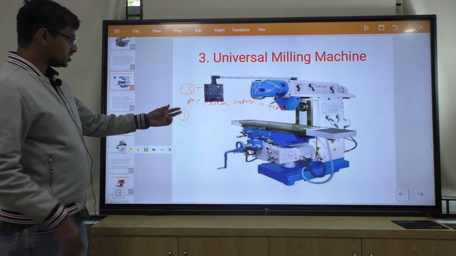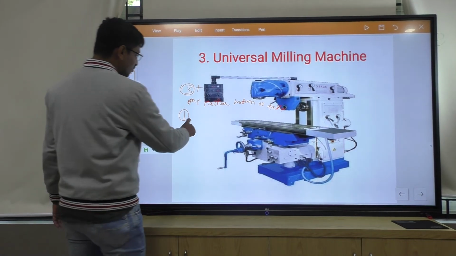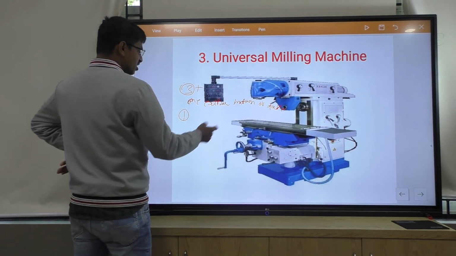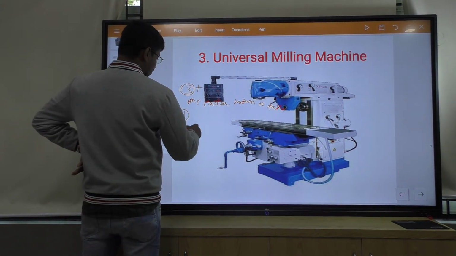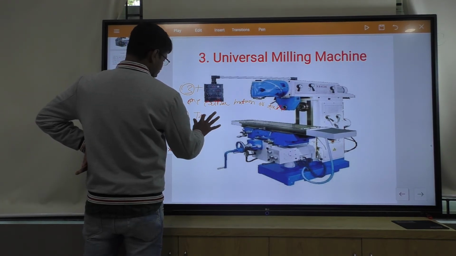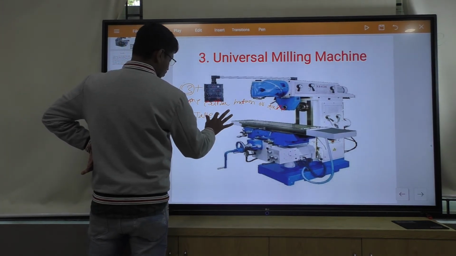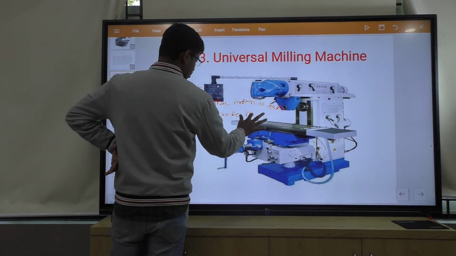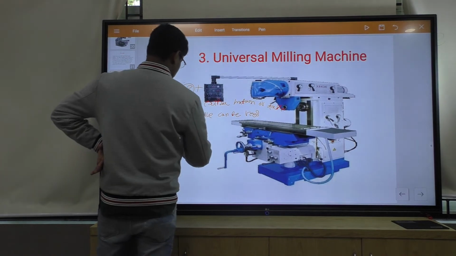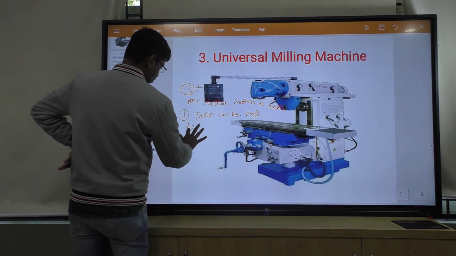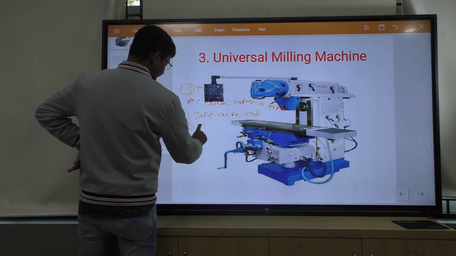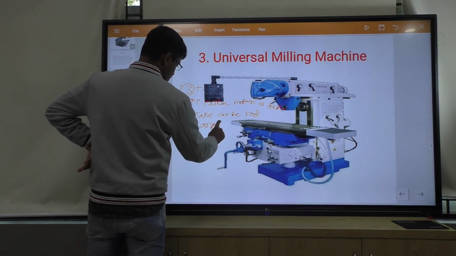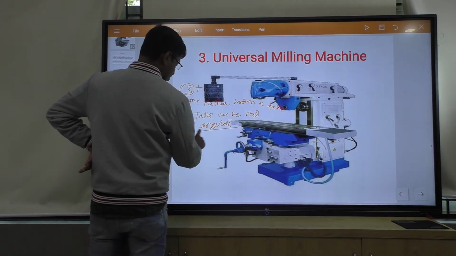What is this extra motion? These tables can be fed by angular feeding.